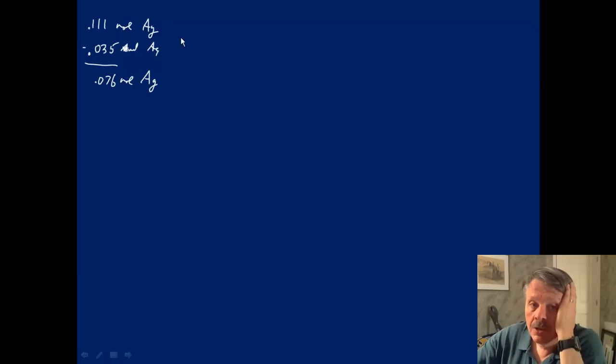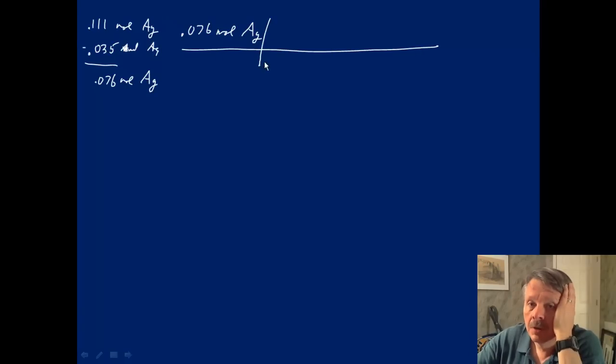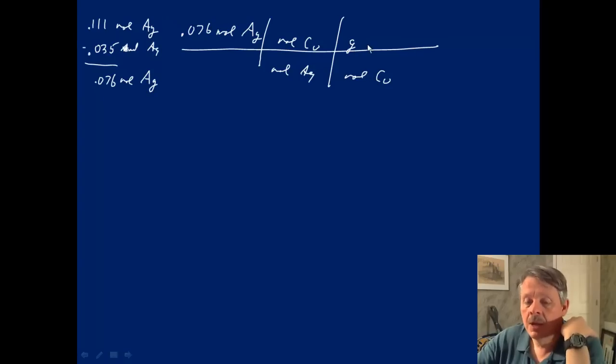Okay, so now I use that 0.076 moles of silver, and I go to moles of copper, and from moles of copper, I go to grams of copper.